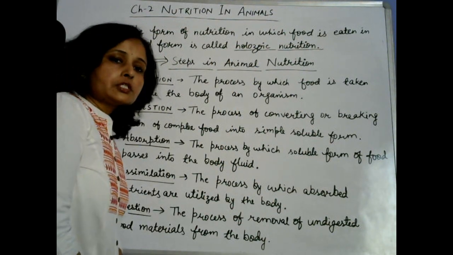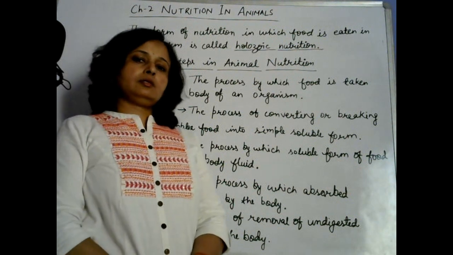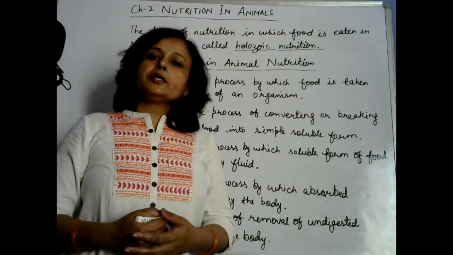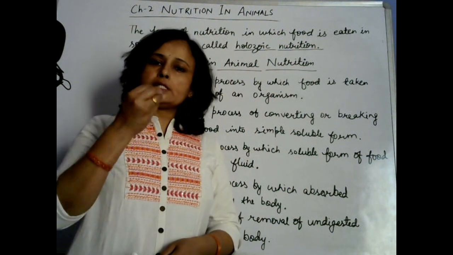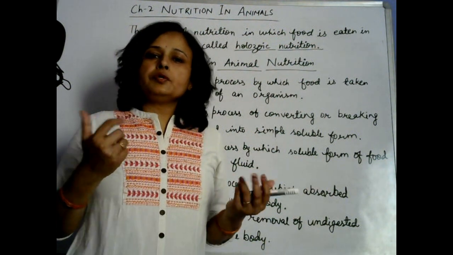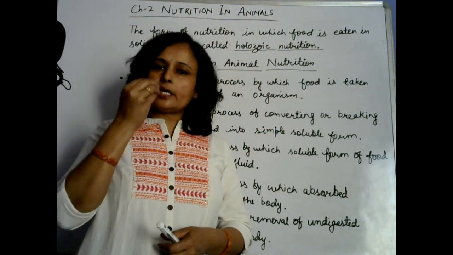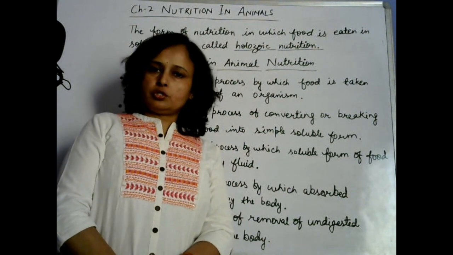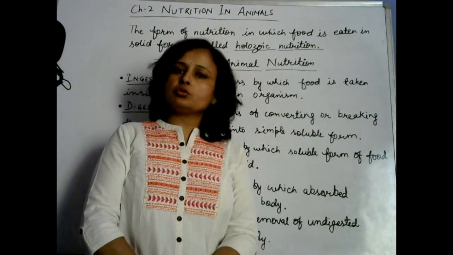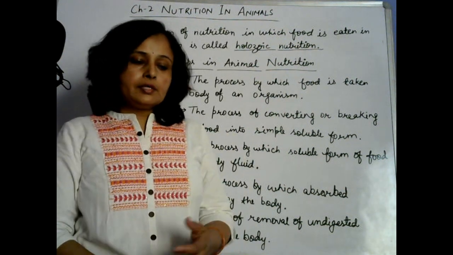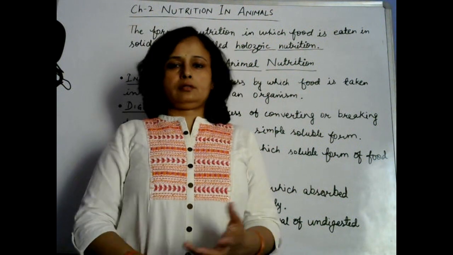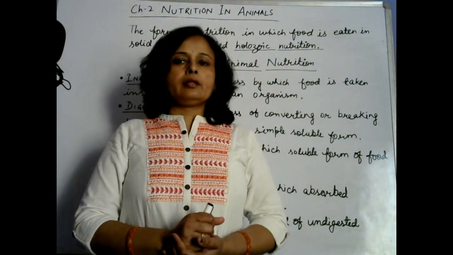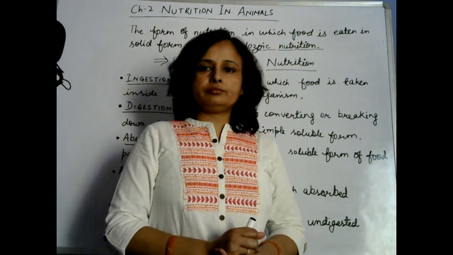So the mode of nutrition through which some organisms or animals take in solid food inside their body, like we human beings take food inside our mouth by using our hand, is called holozoic nutrition. Holozoic nutrition is a mode of nutrition by which animals take in food inside their body, and the food is usually solid food.